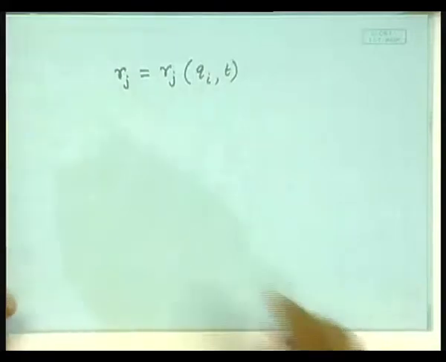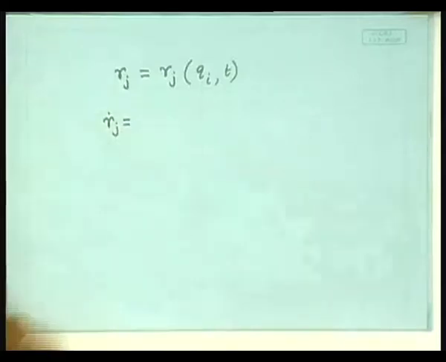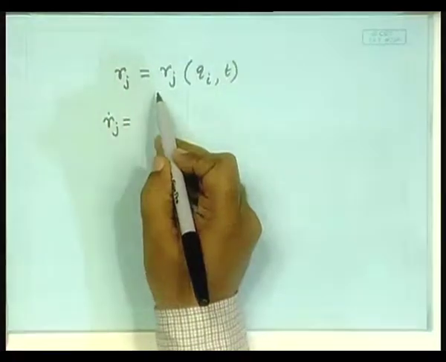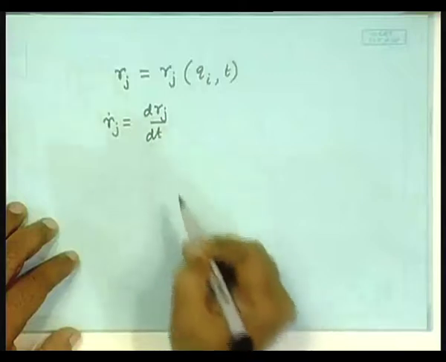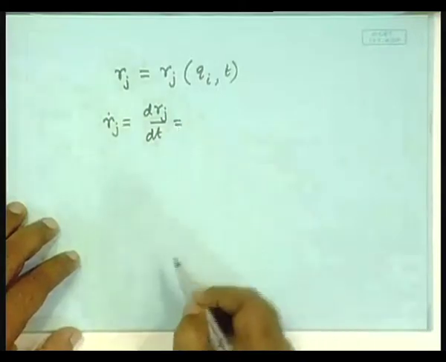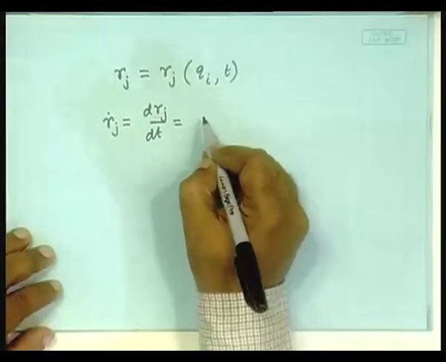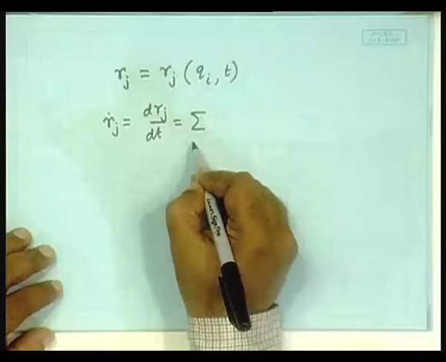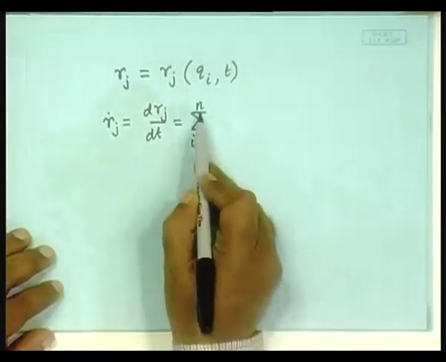If that is so, then how do you express R dot j? Because R dot j was representing the velocity, we need to convert the velocities also. So, R dot j will be d r j by dt, then it has to be written as a chain rule. As a chain rule, it will be sum of i is equal to 1 to n.